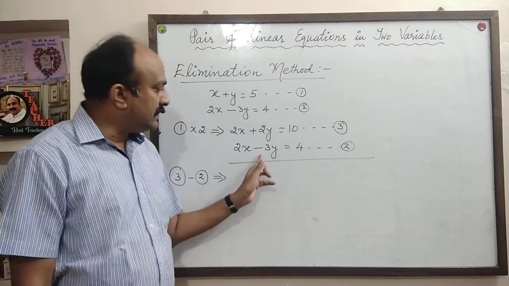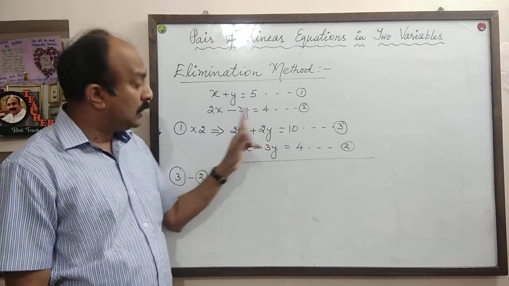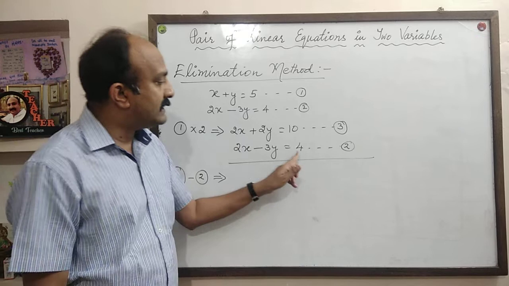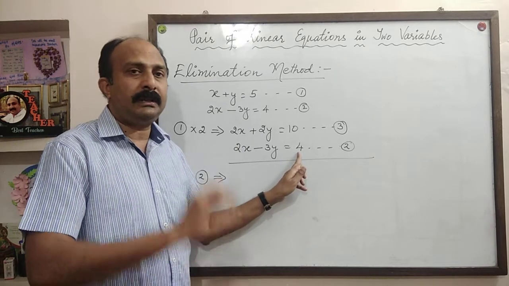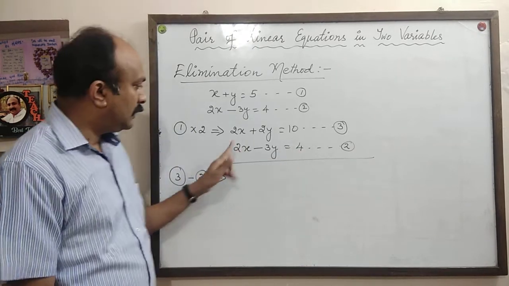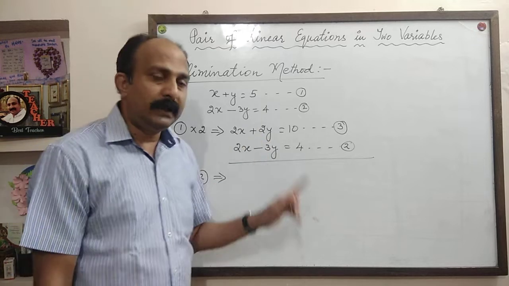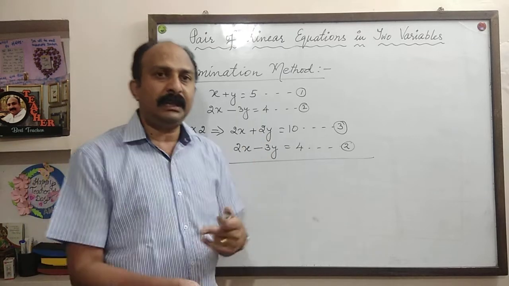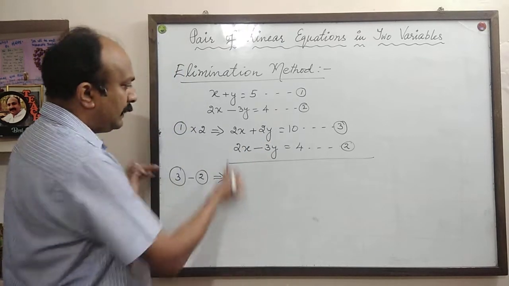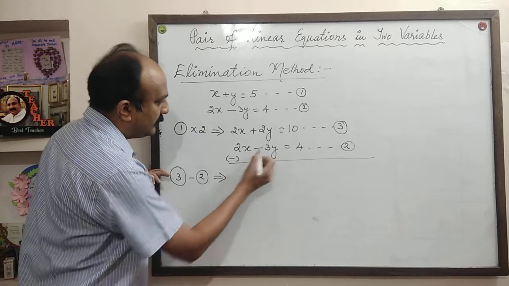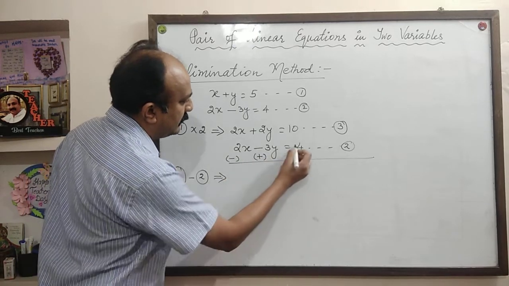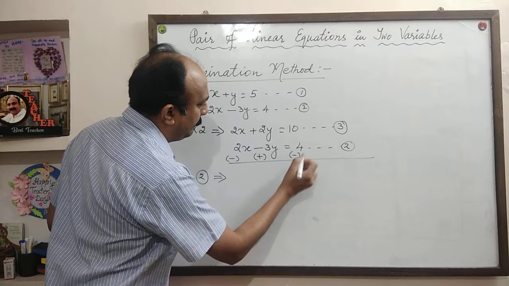Whenever one equation is subtracted from the other equation, all the individual signs of the terms of the second equation will be changed, means reversed. Plus becomes minus, minus becomes plus, and this plus 4 will become minus.